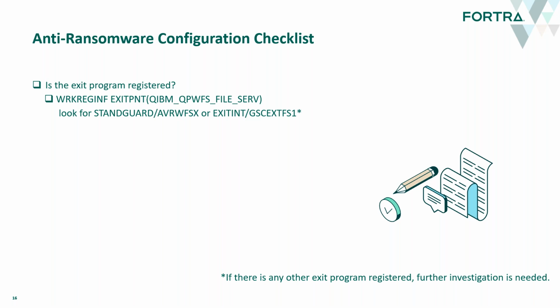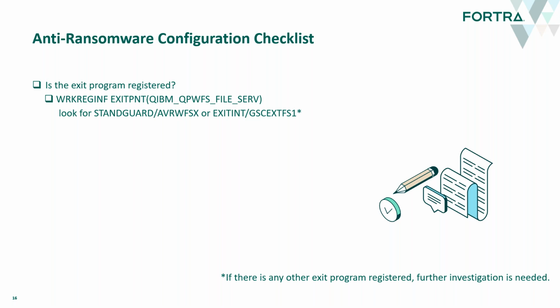It has the ability to start monitoring that user behavior. If you see any other exit program here, we need to investigate a little bit further because there are other exit programs that may be present on your file server. Powertech multi-factor authentication, authenticating users when they connect to the system, has an exit program for file server, so that might be in place.